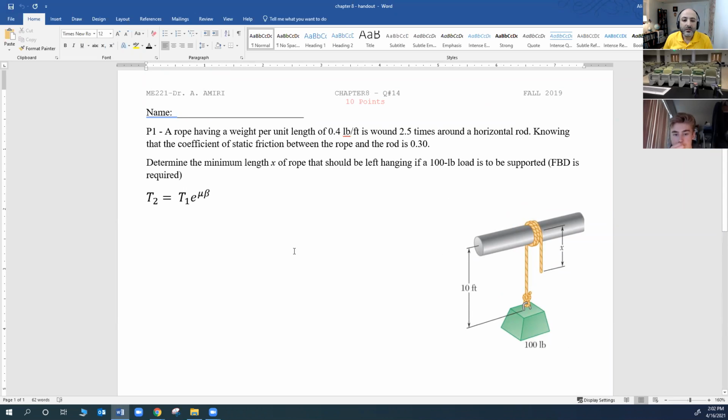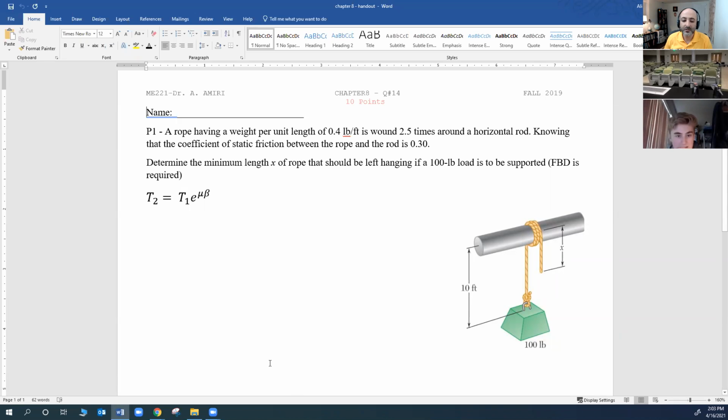A rope having a weight per unit length of 0.4 pound per foot is wound 2.5 times around the horizontal rod, knowing that the coefficient of static friction between the rope and the rod is this much. Find the minimum length x of the rope that should be left hanging if a 100-pound load is to be supported. So this rope has weight.